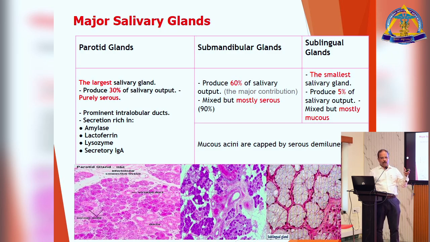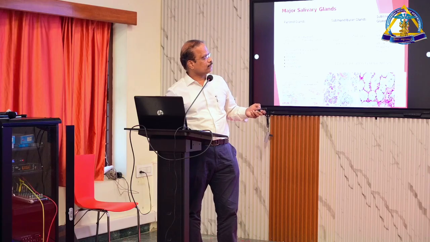In terms of volume of secretion, 30% is from the parotid, 60% from the submandibular and 5% from the sublingual glands. The rest are from minor salivary glands. The relevance is serous secretion from the parotid, and mucinous secretion to a great extent from the submandibular.